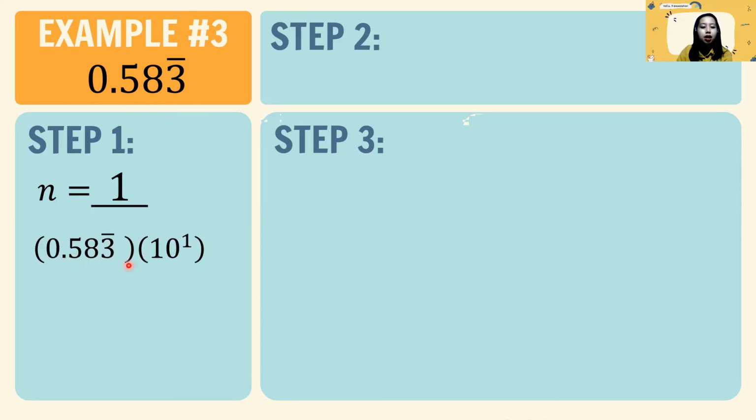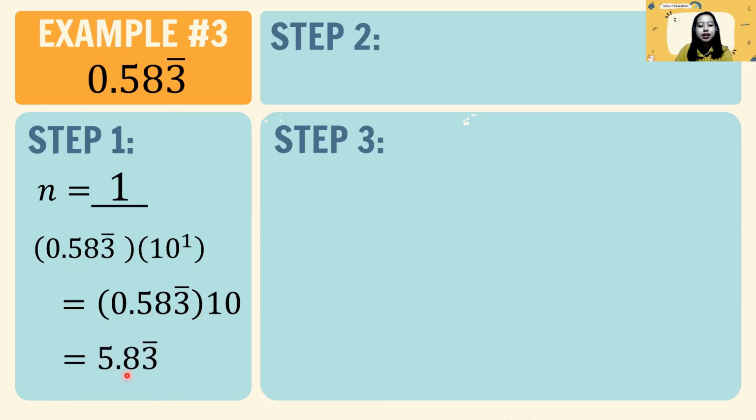Now we will multiply the given decimal by 10 raised to n. Simplifying 10 raised to 1, we have 10. So 0.583 times 10. Multiplying this, you will get, that's right, 5.83.